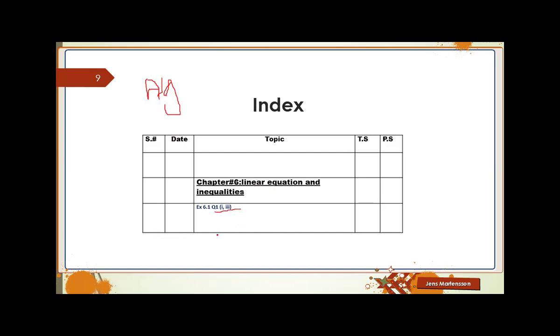But if you are having any problem regarding the solution of this question, you can ask me physically during the class. Okay, try to complete these questions in the algebra copy properly, and I will check these questions inshallah in our physical class.